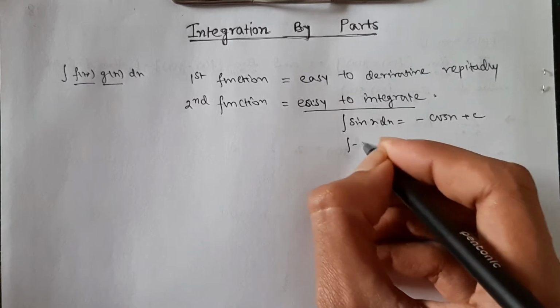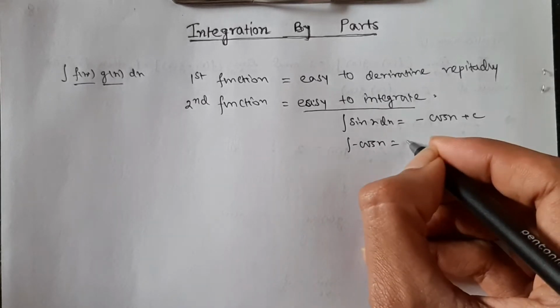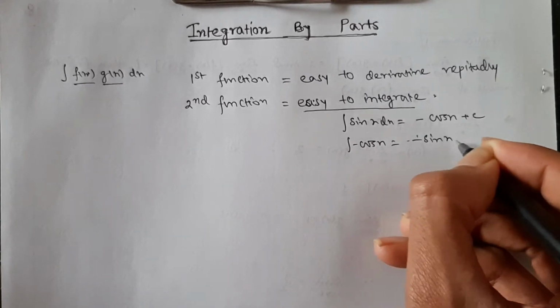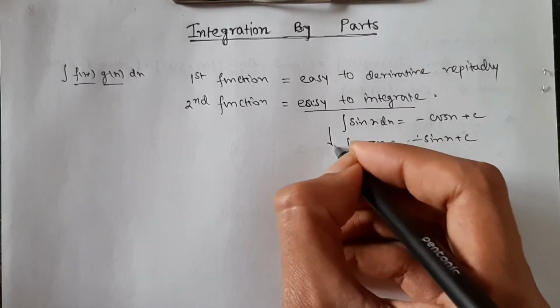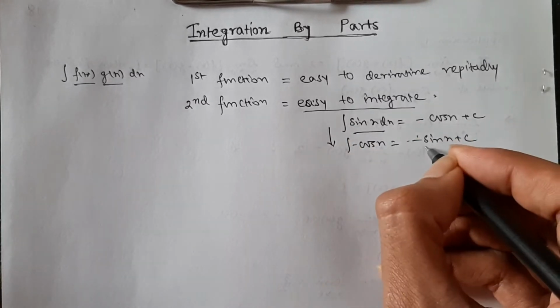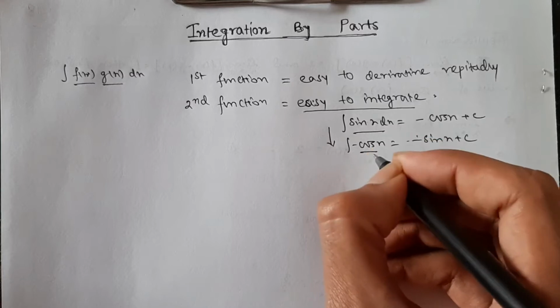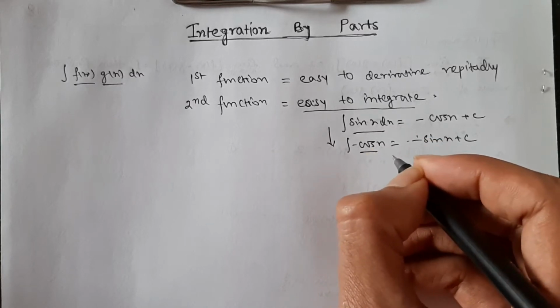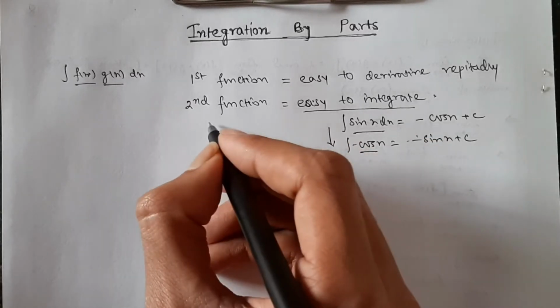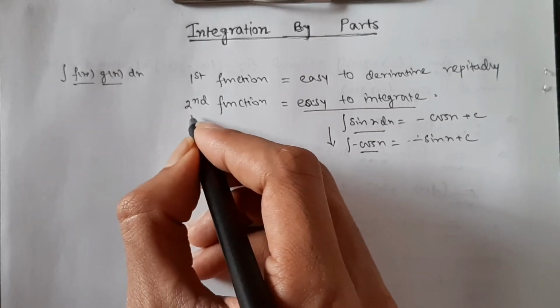Now the integral of minus cos x is equal to minus sin x plus c. So we can do this repeatedly, and we know every formula of the integration, like sin x and cos x. It is called the primary formula of integration. So we choose sin x as the second function.